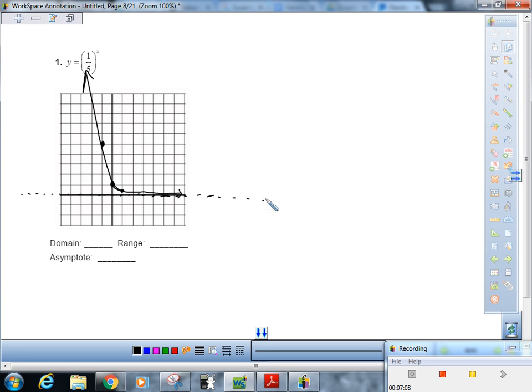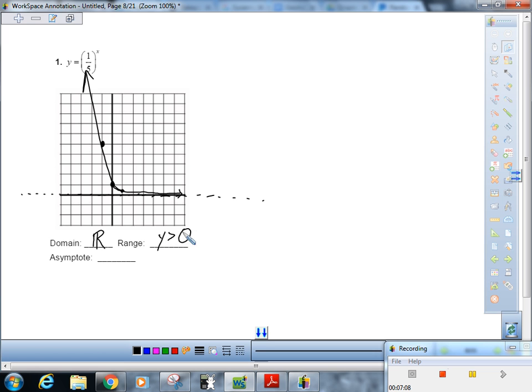All right, so domain. What are we allowed to put in for x in this problem? Anything, exactly. Great for you guys that said that with confidence. Our last chapter was our domain that was changing. Now it's our range that's changing. Remember, range is output, or range is y. What values can we get for our y in this problem? Anything above 0.